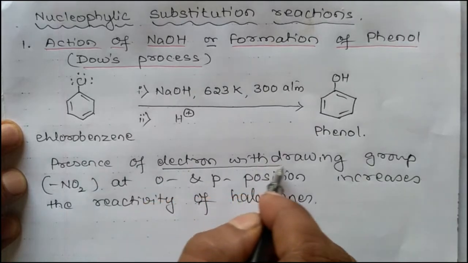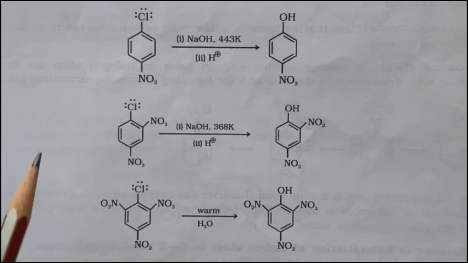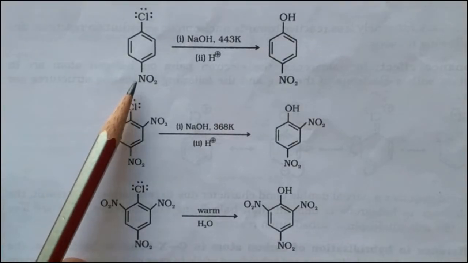If electron withdrawing groups are present in the ortho and para position, then the reactivity of the halogens increases. Now let us consider the first example where NO2 group is present in the para position.